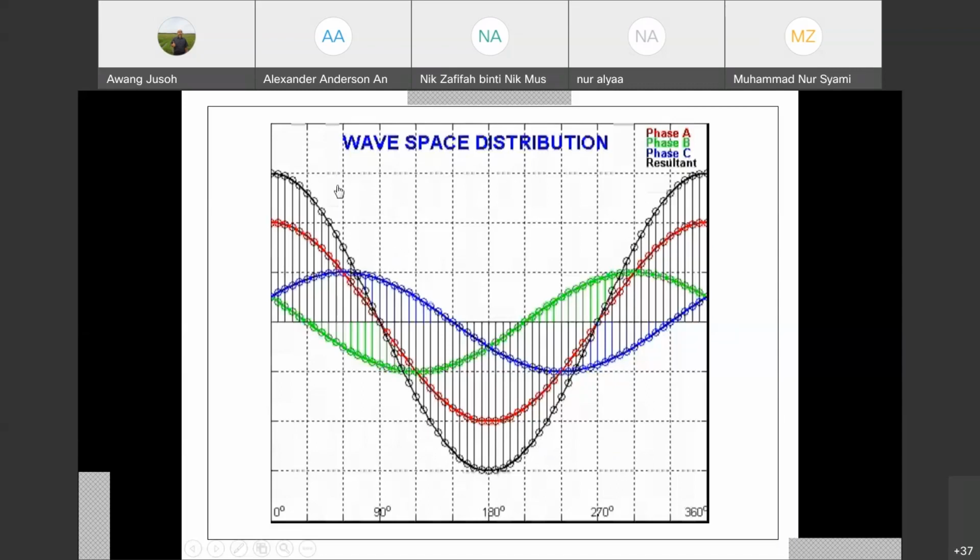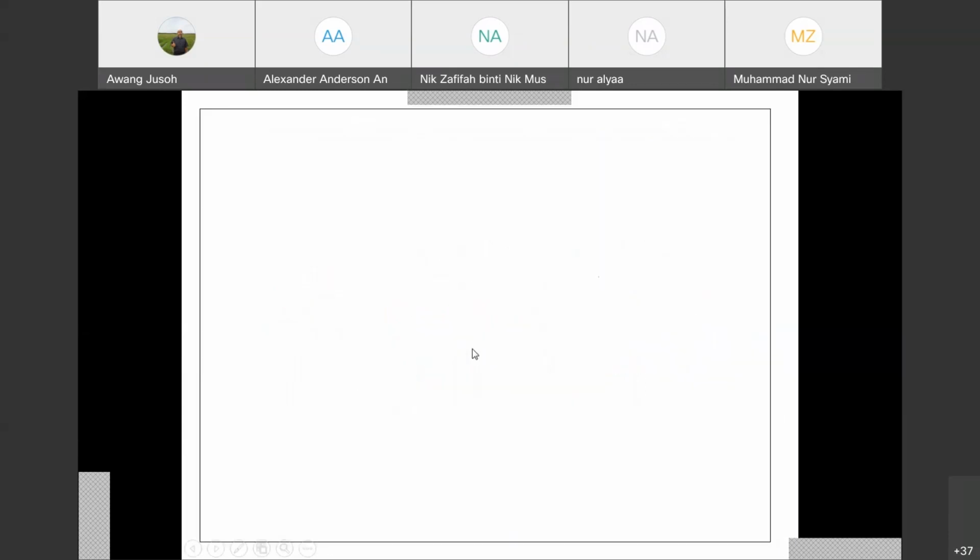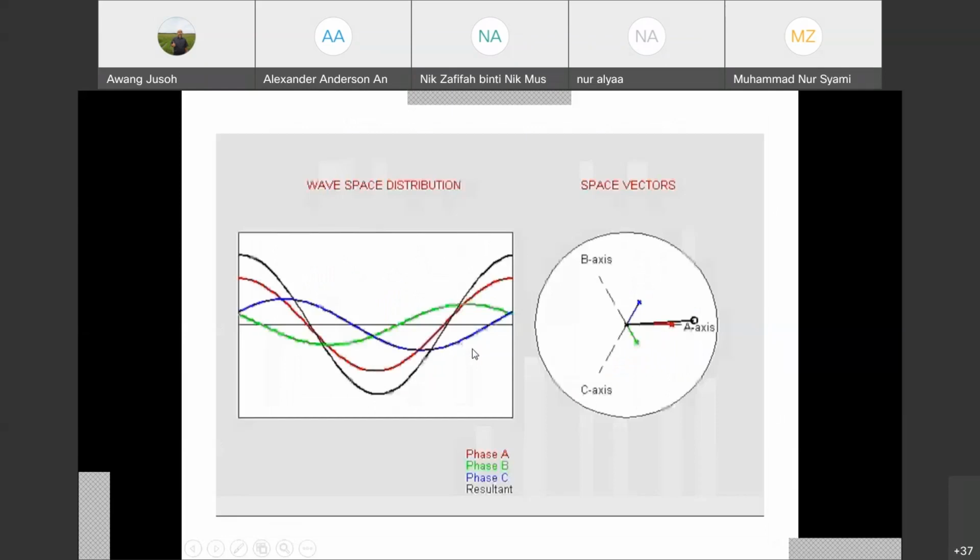It moves with the same amplitude, and the peak value is the same. It can move left or right. Based on this waveform, the air gap MMF will rotate at this speed with the same amplitude. Whatever point you take, the MMF produced is similar, but it will rotate. I will show you later on. It rotates depending on the sequence that we apply to the machine.